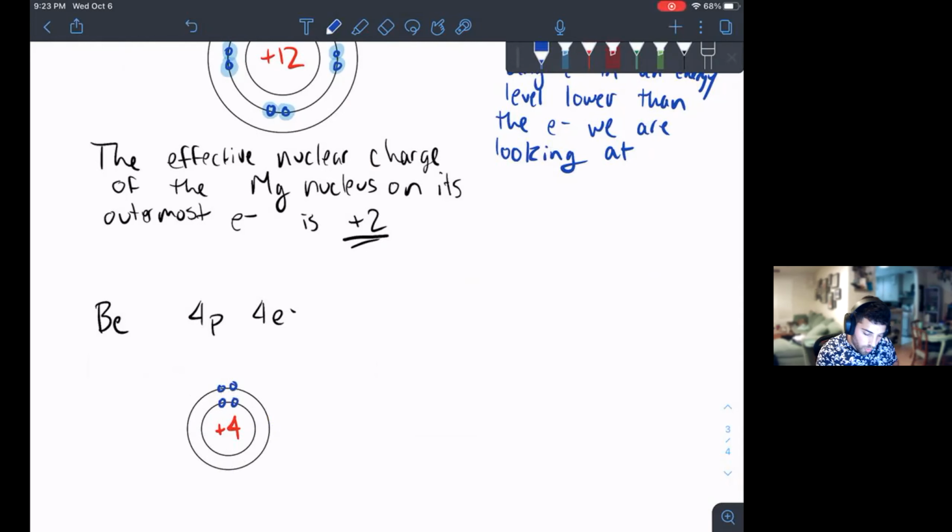So if we do our quick equation, Z effective, and we're looking once again at one of these outermost electrons, it really doesn't matter which one, is going to be equal to 4 minus 2. And so you may think, oh, plus 2. They have the same effective nuclear charge. Well, in our estimation, yes.